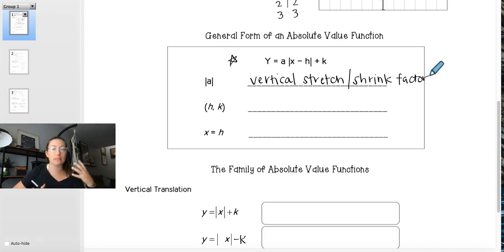Shrink is going to be the same as what you think, so that's going to be in between 0 and 1. We're talking about a half, a fourth, a third, 2/5. If it's in between 0 and 1, that's going to give you your shrink. Hopefully that makes sense. Again, when it's on the outside, same as what you think. Stretch would be 2, 3, 4, 5, 5 halves, anything bigger than 1. Shrink is going to be between 0 and 1.